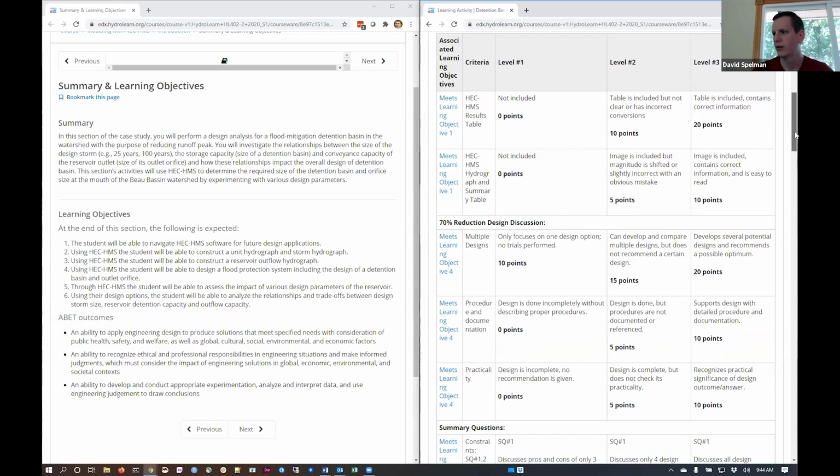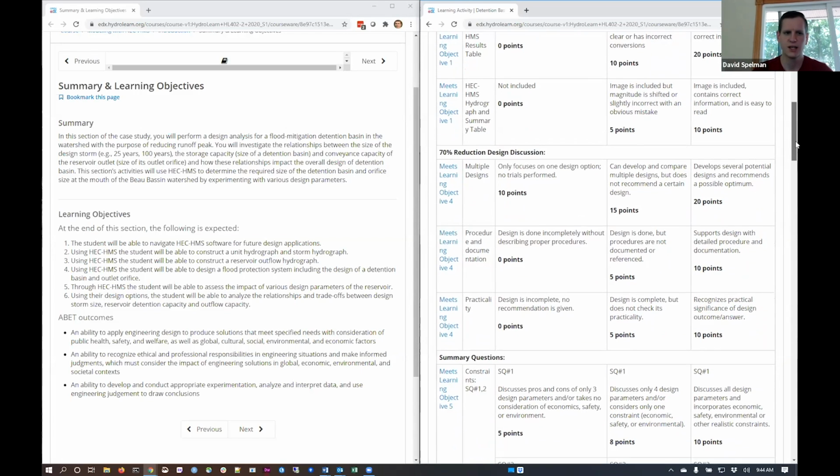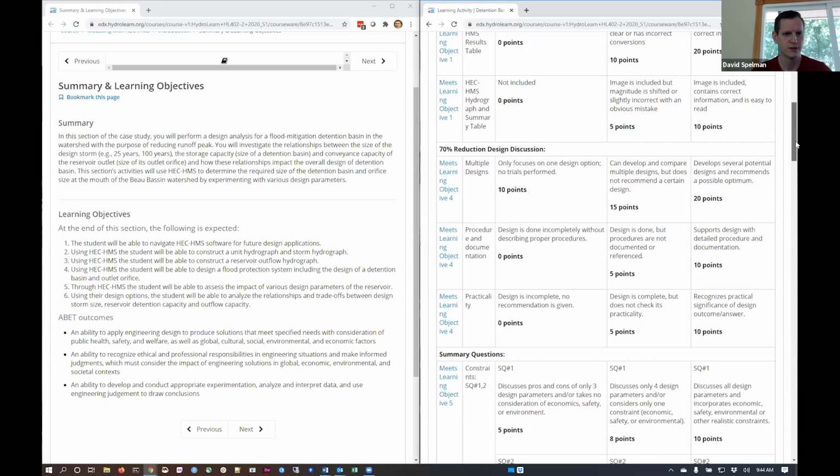I like how there's a substantial amount of points devoted to that, such that students can't just go through the motions and complete the application part and get most of the credit. It seems like this really is backing that up. We want you to get the full way there.